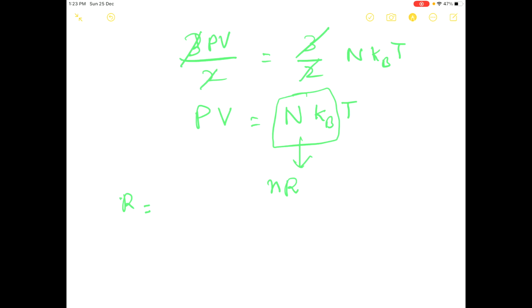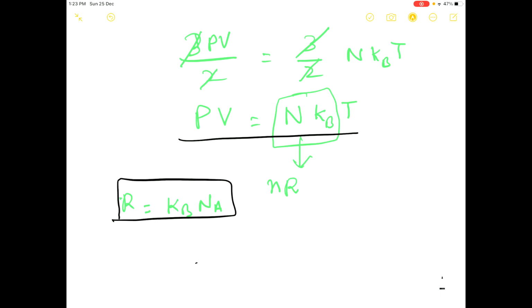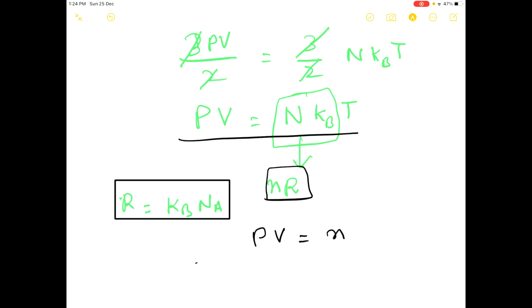R is equal to kB and NA, the Avogadro number, and if we divide this equation by NA, then it will become nR, and then PV is equal to nRT.